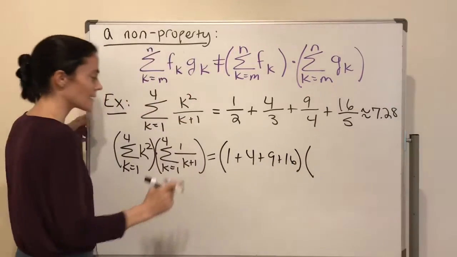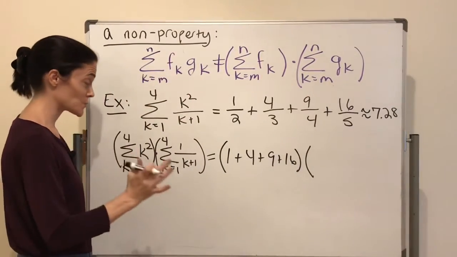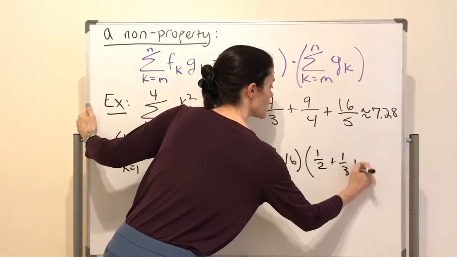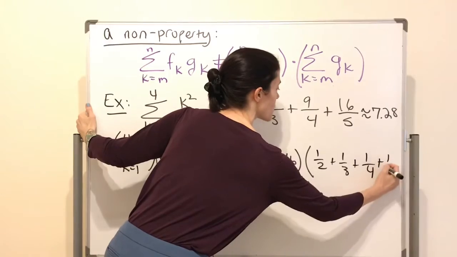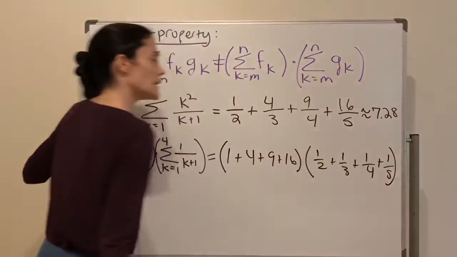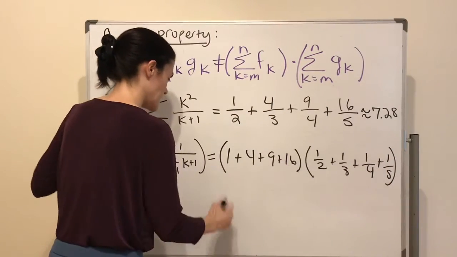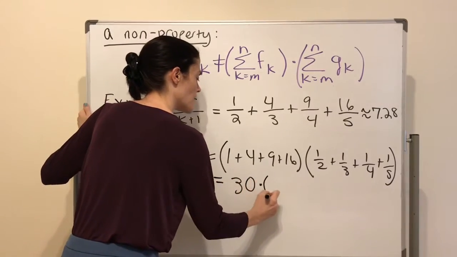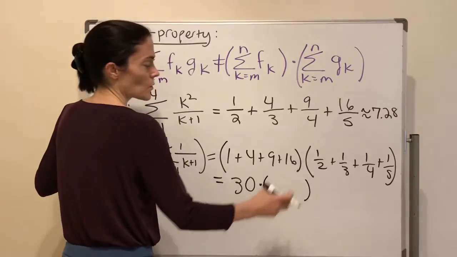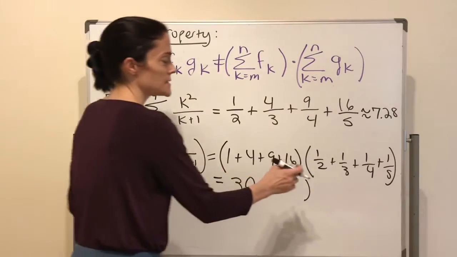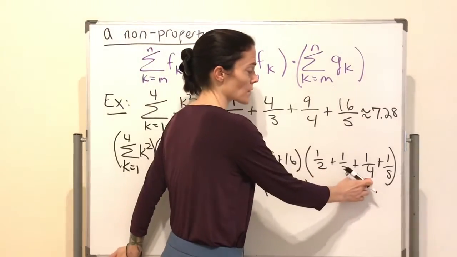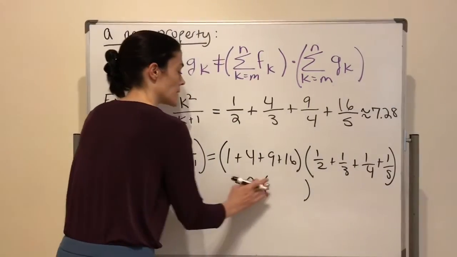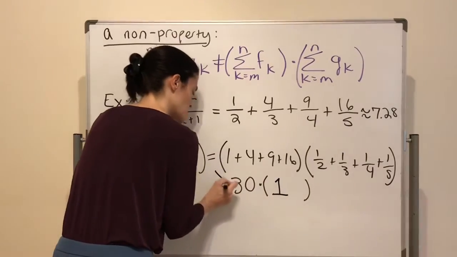And then here, adding up 1 over k plus 1, we get 1/2 plus 1/3 plus 1 over 4 plus 1 over 5. 14 and 16, this is 30. And then this number, you see, we have a half and a fourth and then a third. So this number is bigger than 1. So let me do it this way.